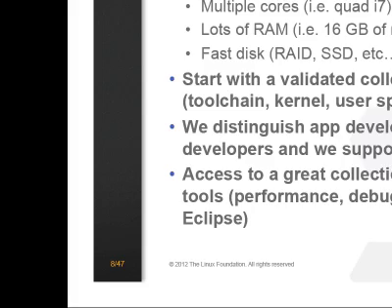It starts with a validated collection of software, including toolchain, Linux kernel, and user space applications. In the Yocto project, application developers are separate from system developers, and the Yocto project supports both of them. The members of this project can access a great collection of application developer tools for performance tuning, debugging, power analysis, and UI, etc.